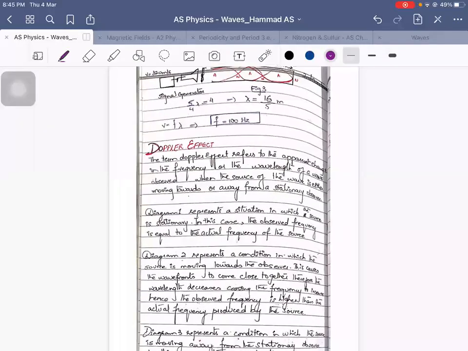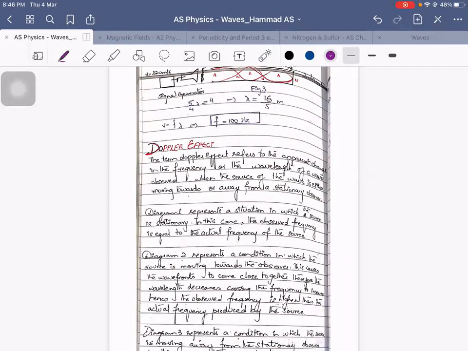Now the last topic, Doppler's effect. Doppler's effect is considered for situations where sound keeps on varying. Let's say, for example, you're sitting in a car, there's an ambulance approaching you. As soon as the ambulance approaches you, you can sense its voice to keep on increasing.